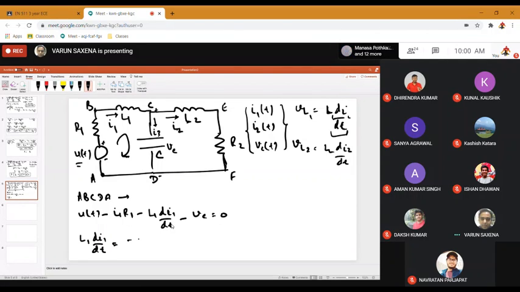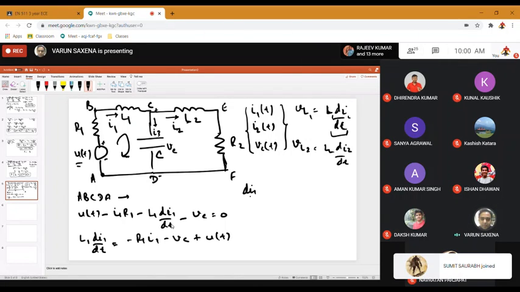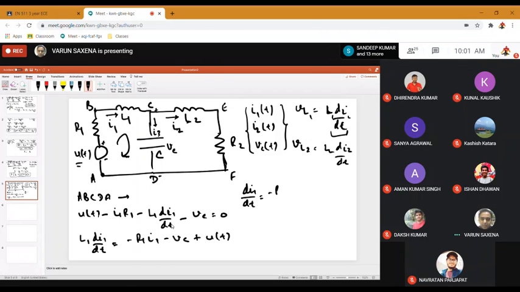So if I write it, di1 by dt is minus R1 I1 minus Vc plus Ut. So that gives me basically that di1 by dt is minus R1 over L1 times I1 minus Vc by L1 plus U by L1.